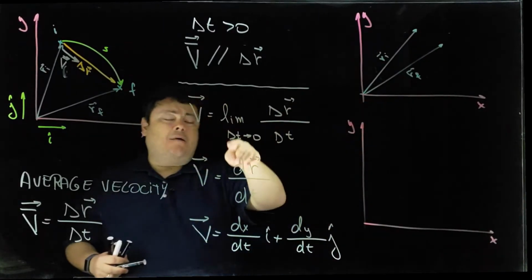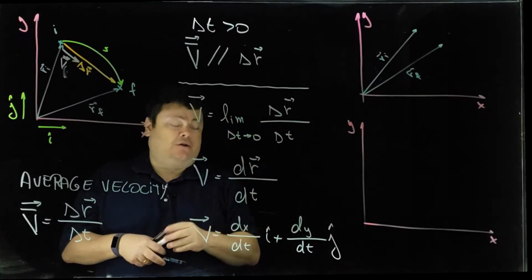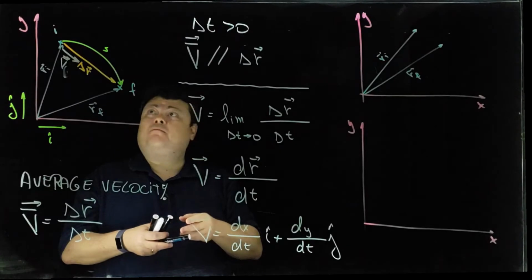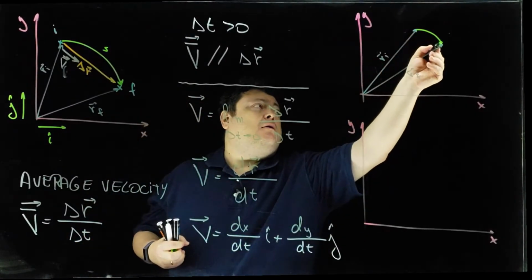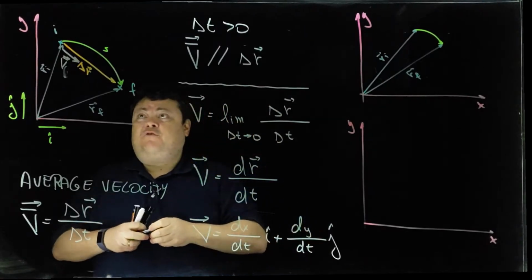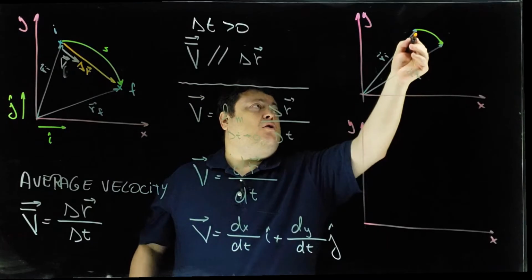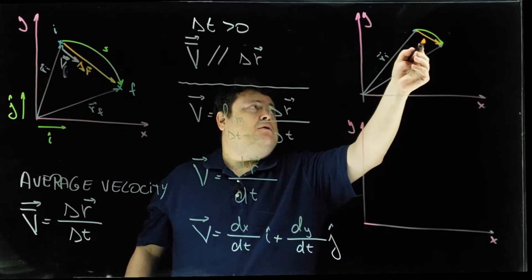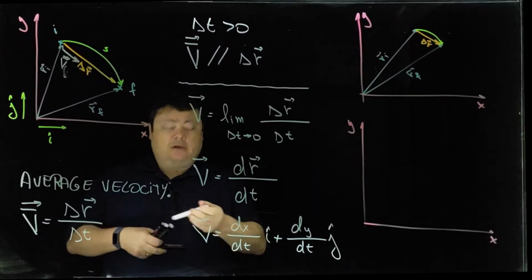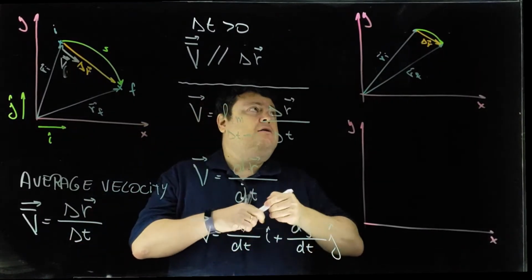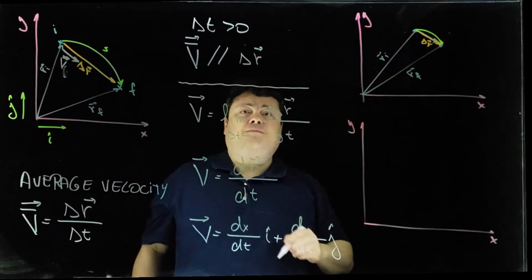As my time interval is getting smaller and smaller, the path and the vector displacement delta r get closer and closer together, which means that my average velocity is also getting closer and closer to the actual path.